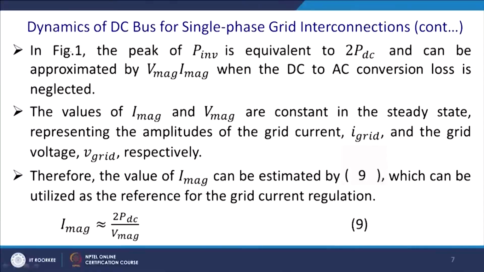The dynamics: what we have shown in figure 1, the peak of the instantaneous power is at 2 P_DC, which you can refer back to the figure, and can be approximated by the multiplication of I_MG into V_MG, because if you are feeding a resistive load, then that kind of condition comes.